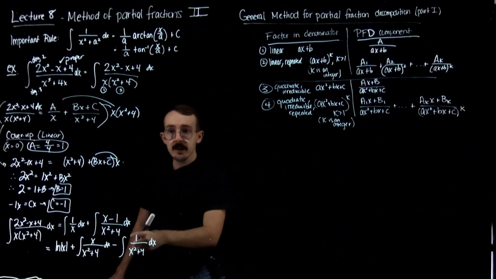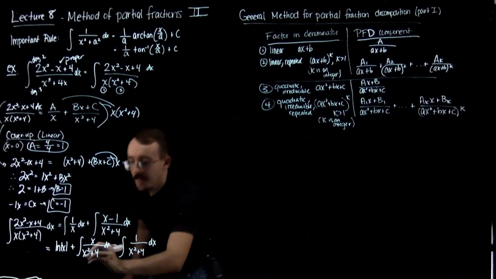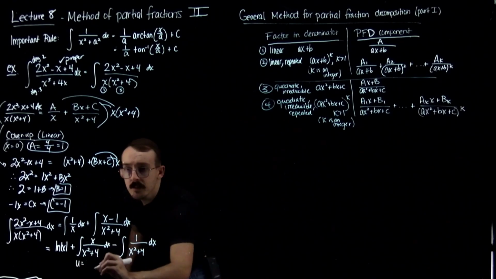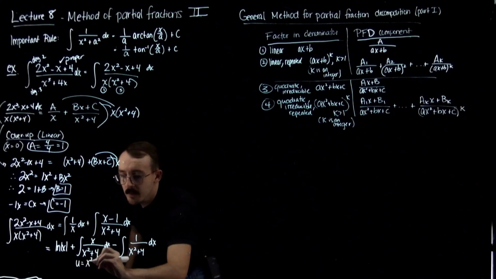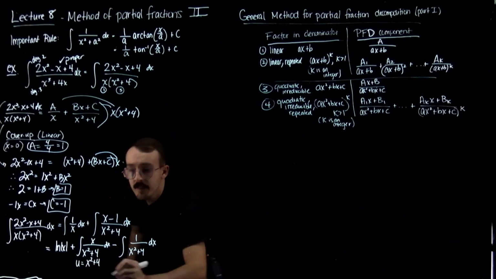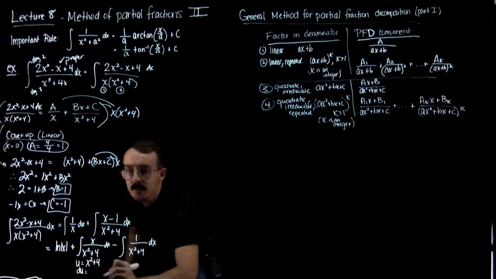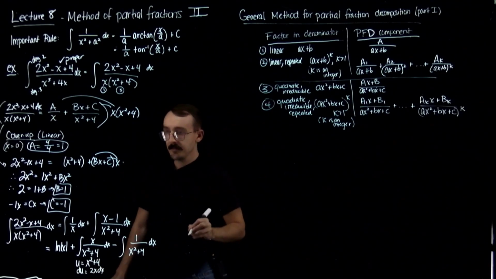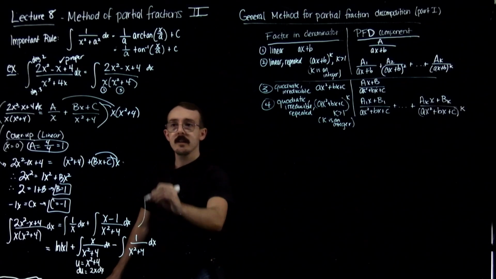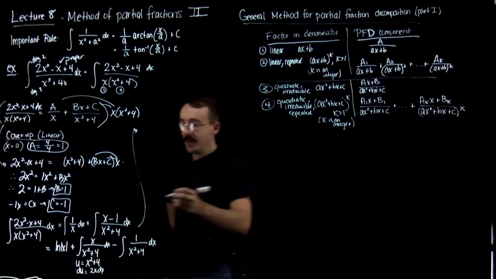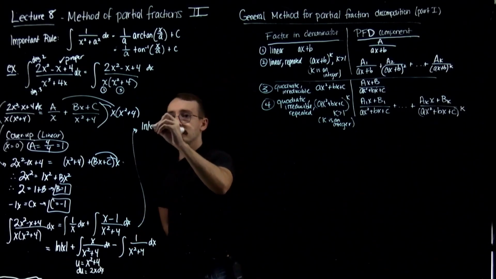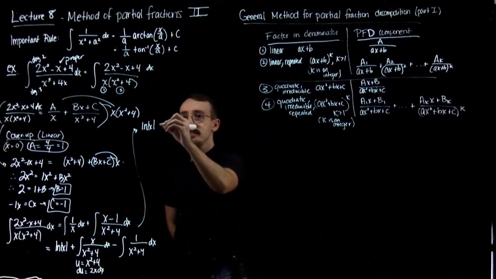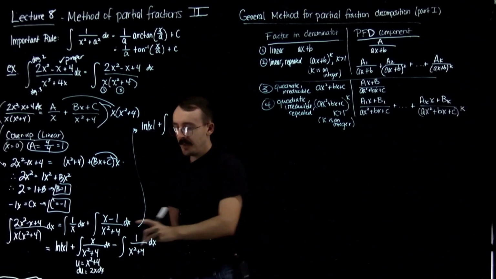So the first one, I can use a u sub. I could say u is equal to x squared plus 4. And this would tell me that du is equal to 2x dx. So let's go over here and finish the problem. So I have ln of absolute value of x plus the integral.